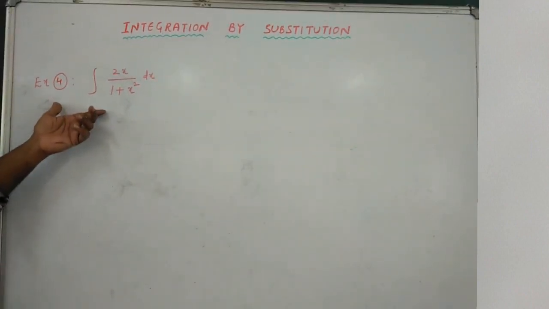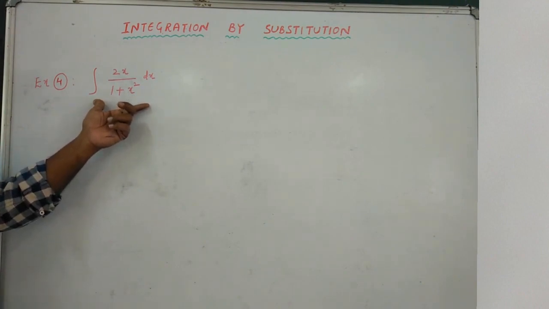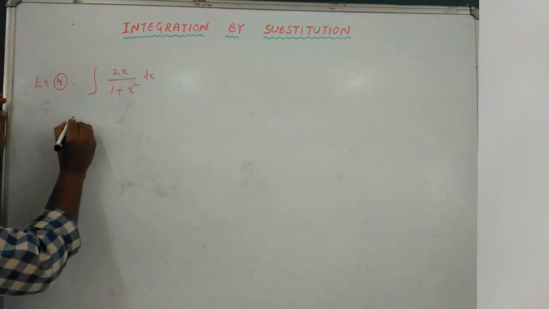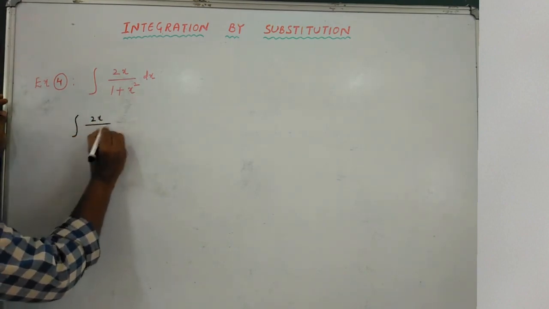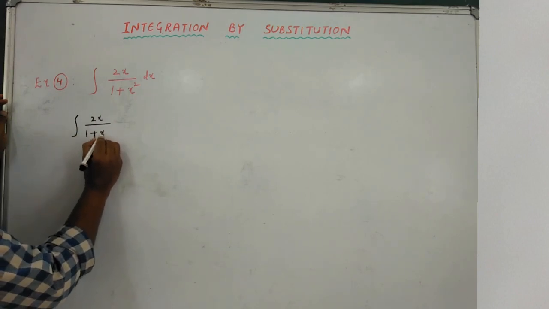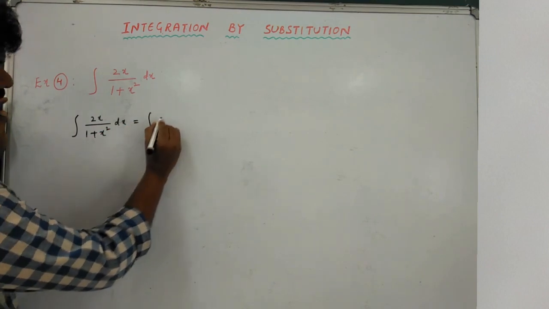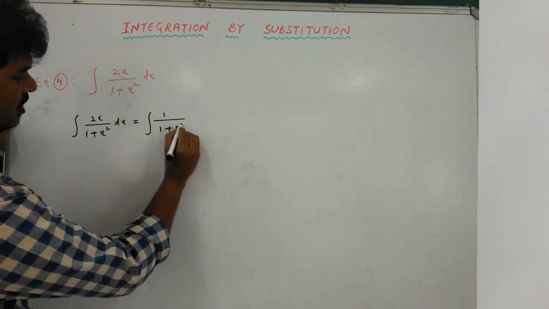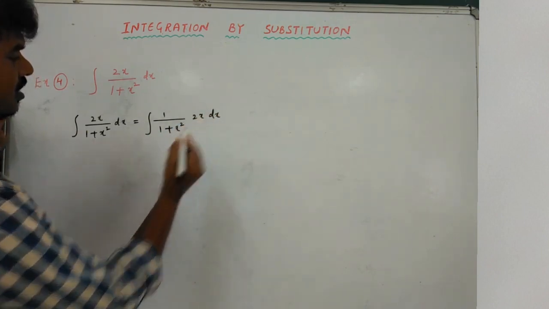Next example: what is the integral of 2x divided by 1 plus x square dx? I am going to write it as the integral of 1 divided by 1 plus x square times 2x dx.